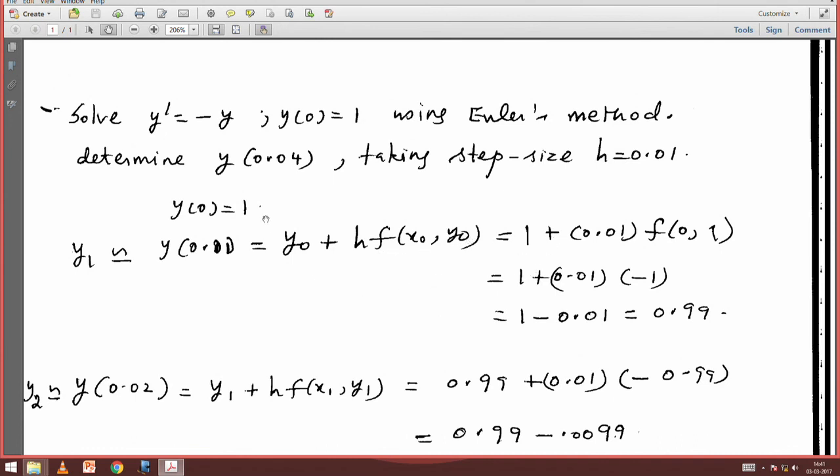So, it is y naught which is 1, h is 0.01 into f of x naught, y naught, that is f of 0 comma 1, and what is its value? F of x naught comma y naught is minus y naught, because f of x comma y is minus y. So, it is minus 1. So, I substitute here and then simplify, and I end up with the value of y at 0.01 as 0.99.